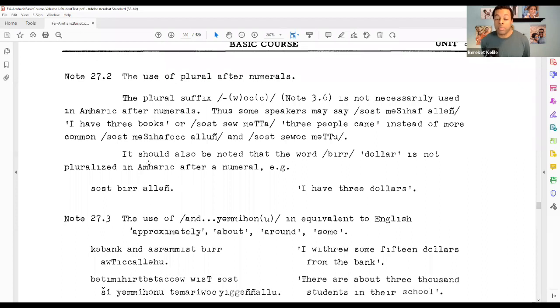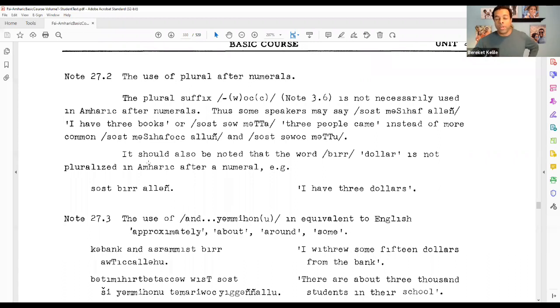Some speakers will say sost masaf alun, I have 3 books, or sost so mata, 3 people came, instead of what we would probably see as the alternative, sost masafoch alun, or sost soyoch matu.